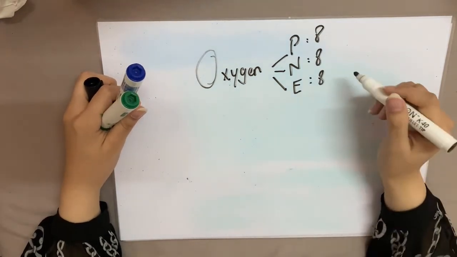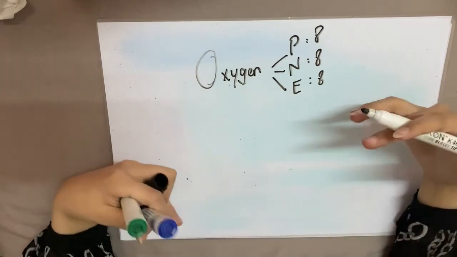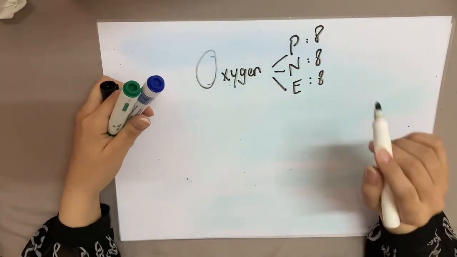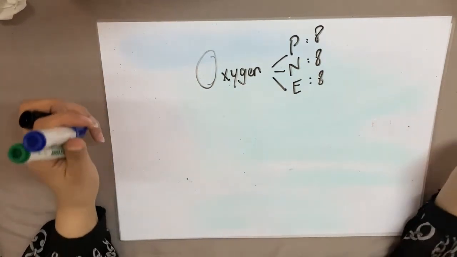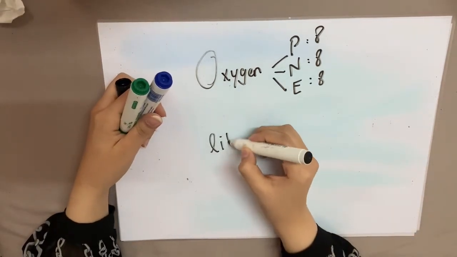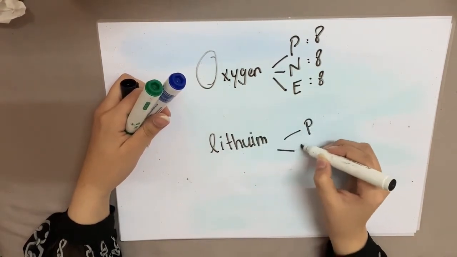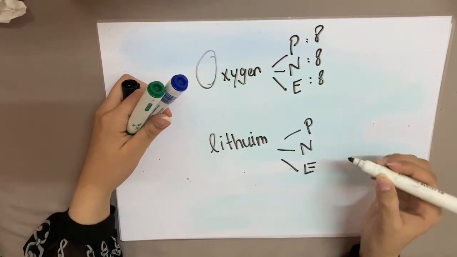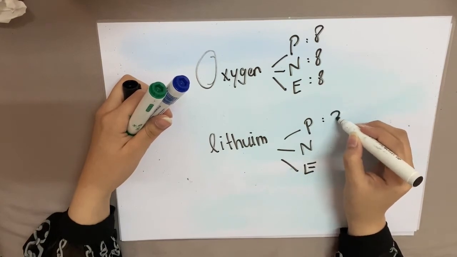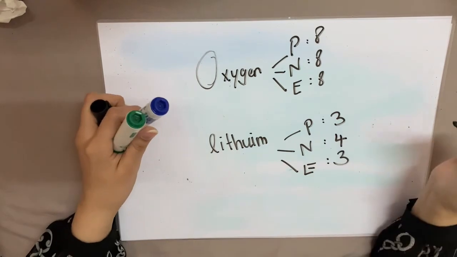We are going to get to know how we know this, inshallah, next week when we get to know the periodic table more. But keep in mind that not all elements have the same number of electrons or the same number of protons. We have lithium. It has proton, neutron, and electron. It has 3 protons, 4 neutrons, and 3 electrons.